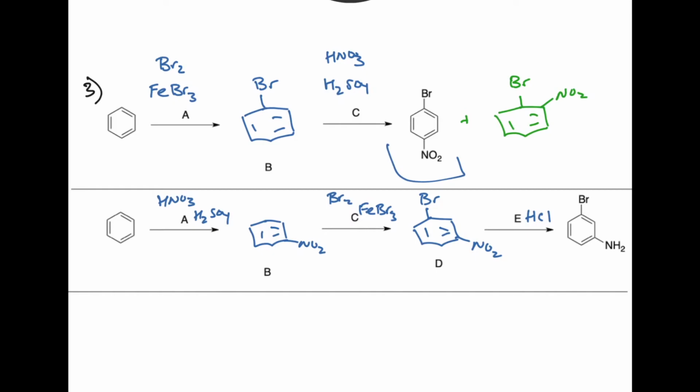It's a metal, not palladium and carbon. This is like the zinc, tin, or iron in HCl. The other way you can do this reaction to turn a nitro into an NH2 is H2, palladium over carbon. This way is probably better for this reaction for reasons you don't understand yet.